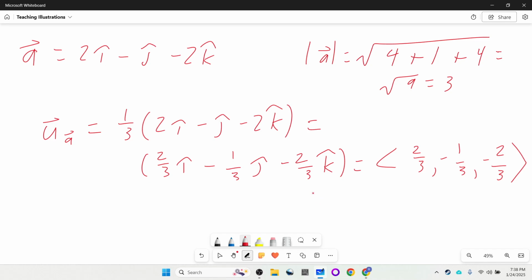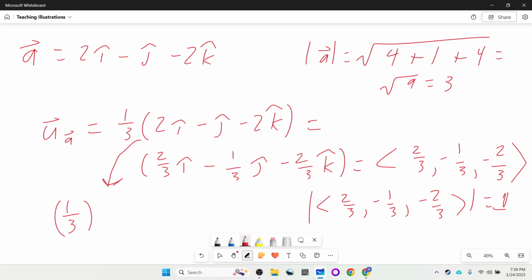And if you're not sure that you did this right, you would find the length of this and show that it is equal to 1. But you could actually just see it from here, because this is 1/3, and the length of this piece we already showed is 3.